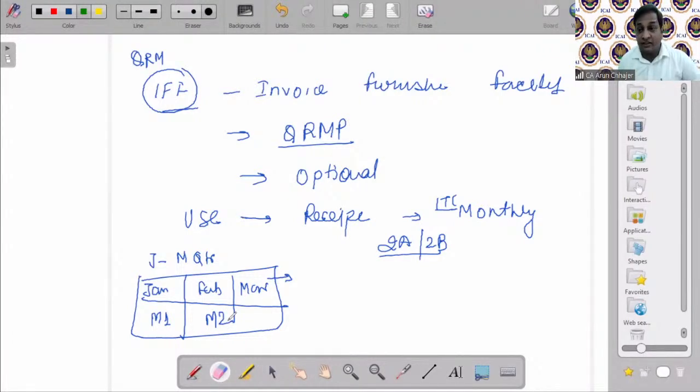The taxpayer who has opted for QRMP will file the IFF for month 1 and month 2. For month 3, there is no IFF because for that quarter, GSTR 1 is to be filed. What is the difference between GSTR 1 and IFF?